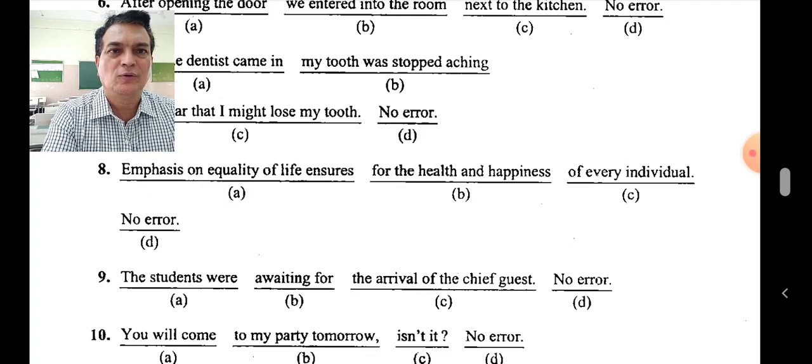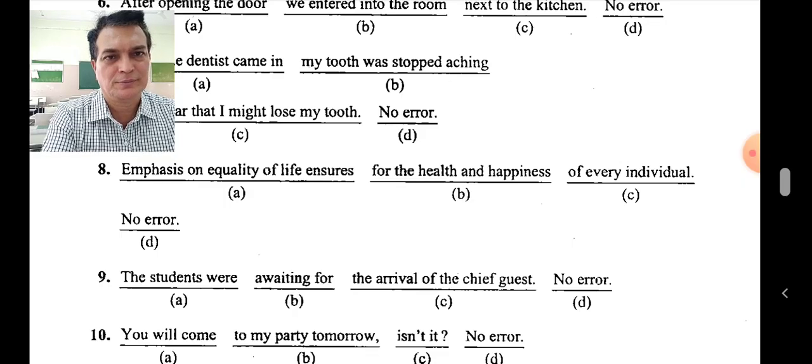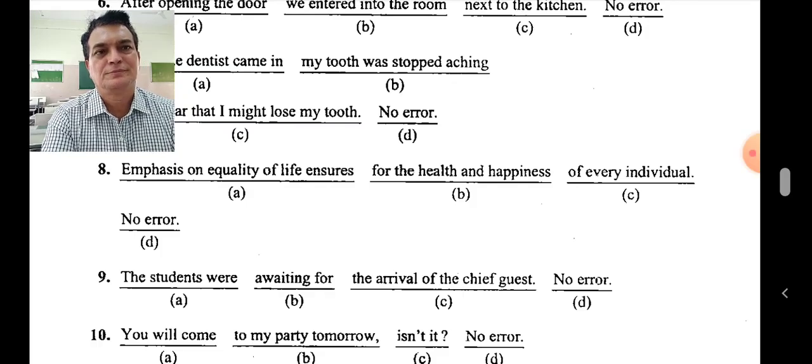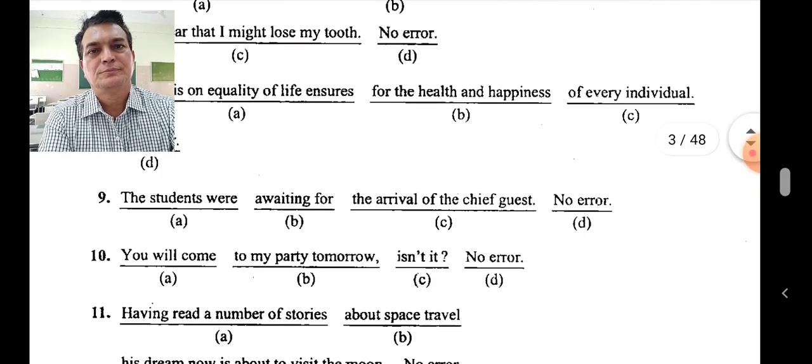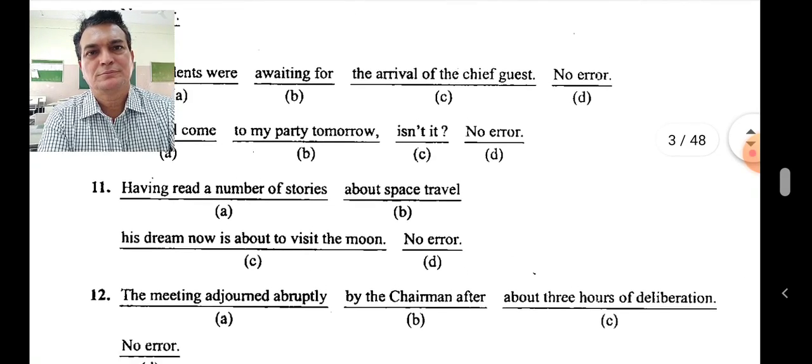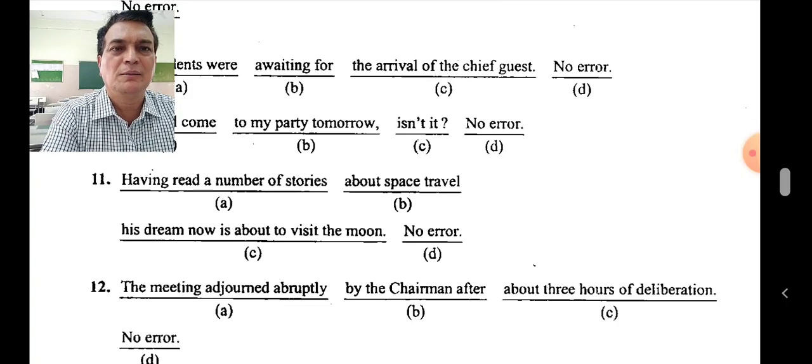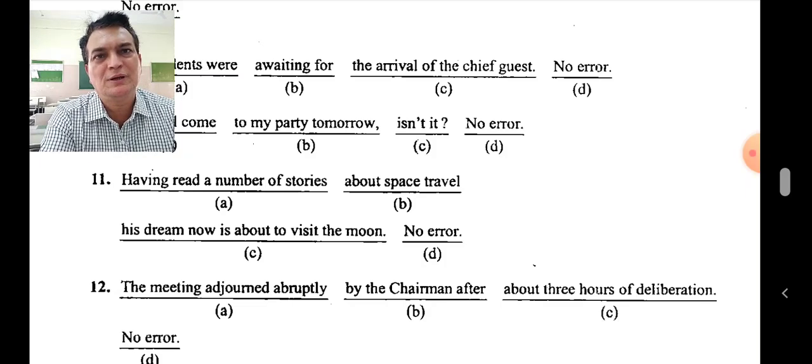Emphasis on equality of life ensures for health and happiness of every individual. No error. The students were waiting for the arrival of the chief guest. You will come to my party, isn't it? Having read a number of stories about space travel, his dream now is about to visit the moon.